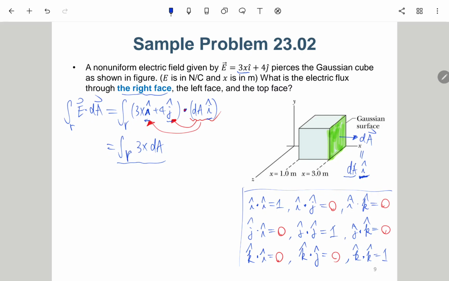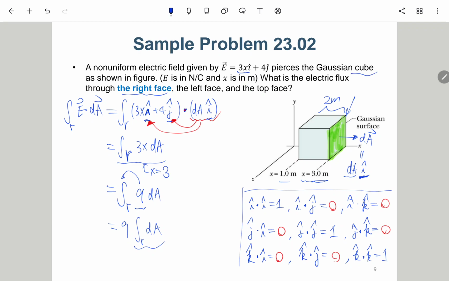And for the right surface, x is actually equal to 3. So we have x equals 3, which means we have the integration over R of 9 dA. This is a constant, so we can just pull it out. And this is nothing but the area of this surface. It goes from 1 meter to 3 meter, which means it is 2 meters long.